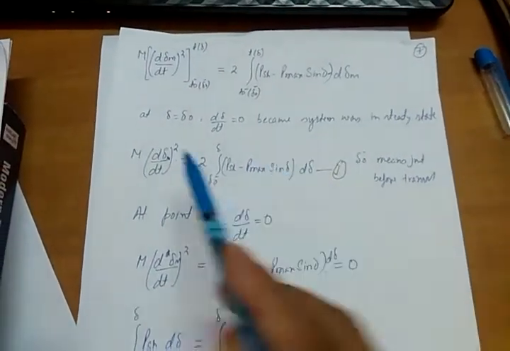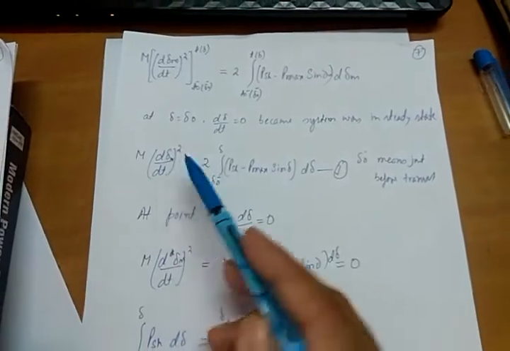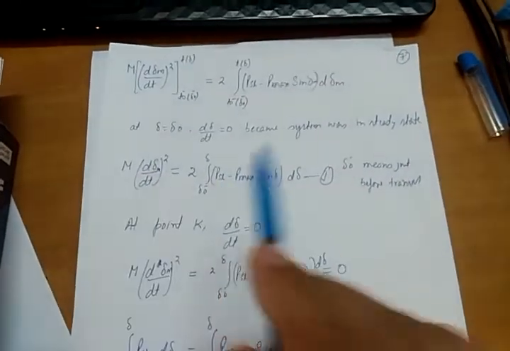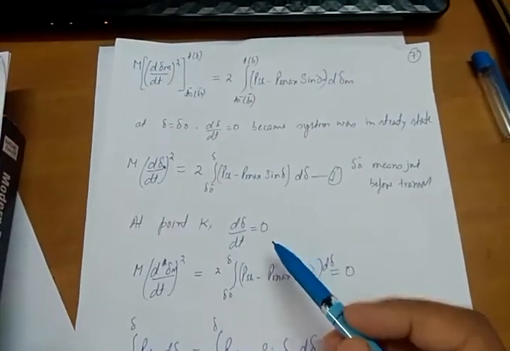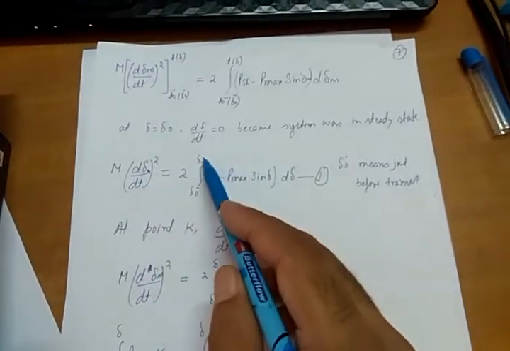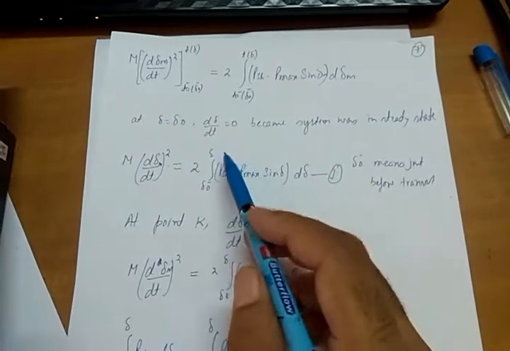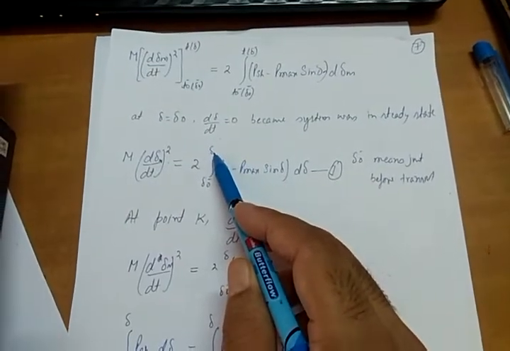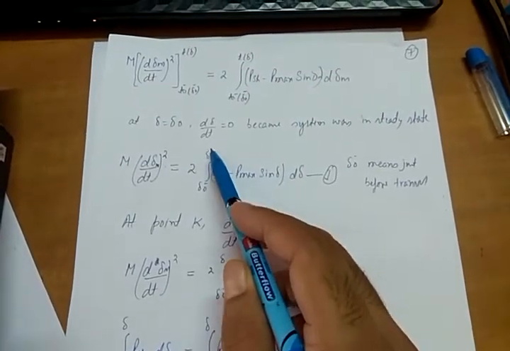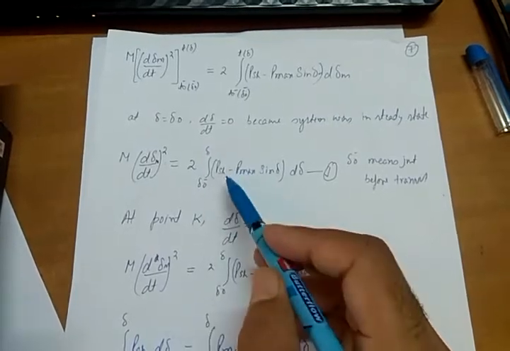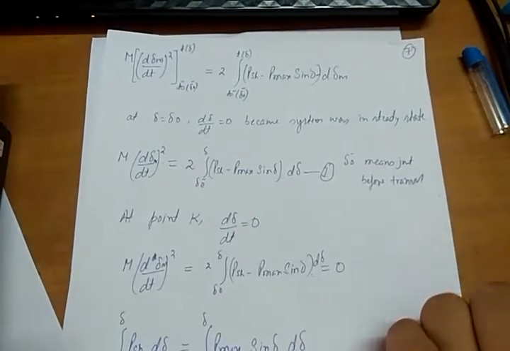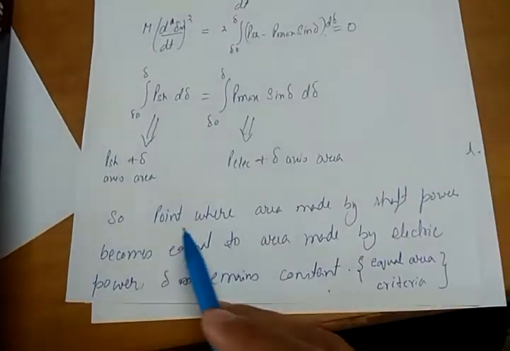So what will d delta upon dt be then? D delta upon dt will be 0, meaning that when both the areas are equal at some particular value of delta, the change of rotor angle delta will be equal to 0, because at that point there will be no accelerating power. So it is written here.